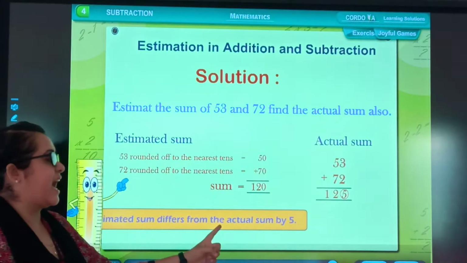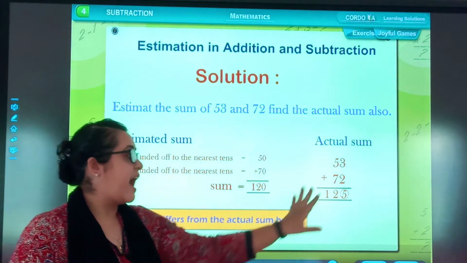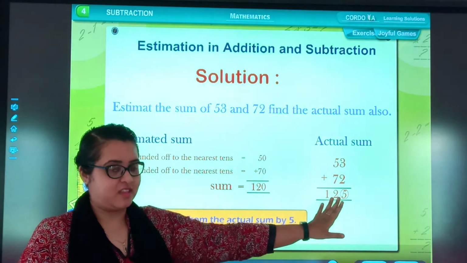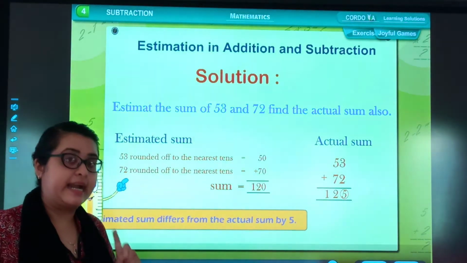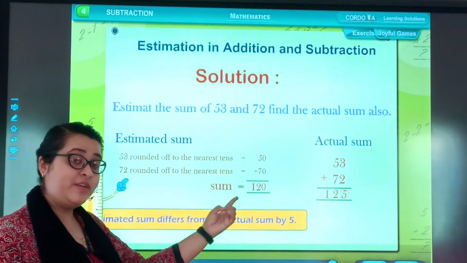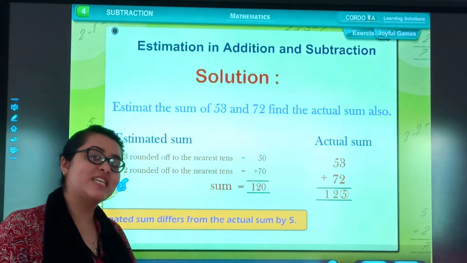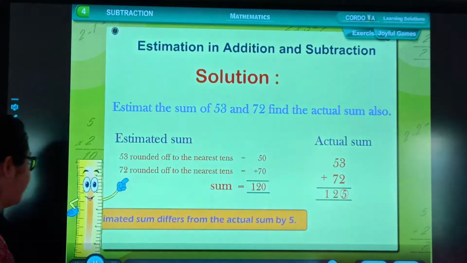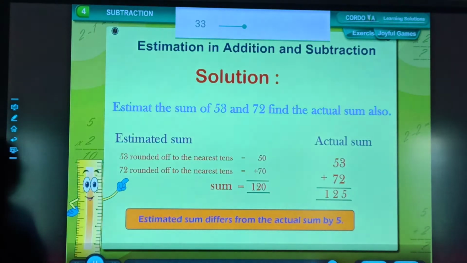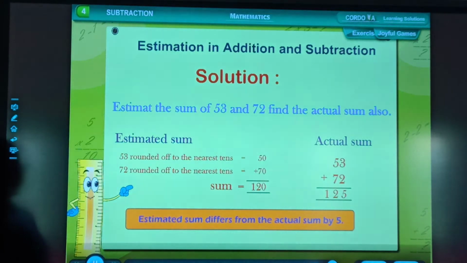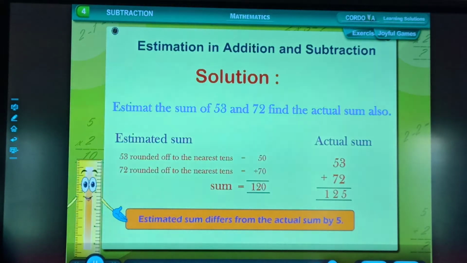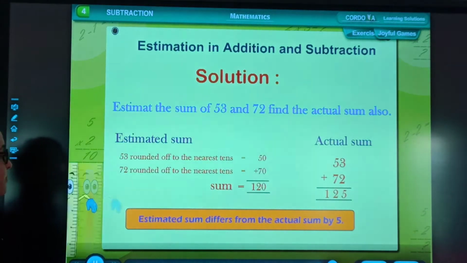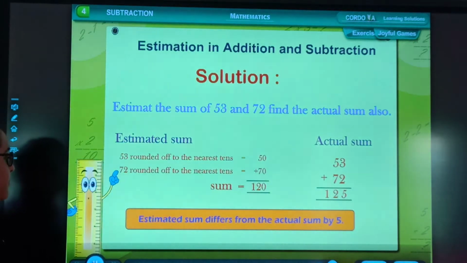The estimated sum differs from the actual sum by 5. Actually it should have been 125, but when we did the rounding off, we came to know that the answer is 120. Okay students? 53 to the nearest tens is 50, 72 to the nearest tens is 70. Estimated sum is 120. Actual sum is 125. The estimated sum differs from the actual sum by 5.